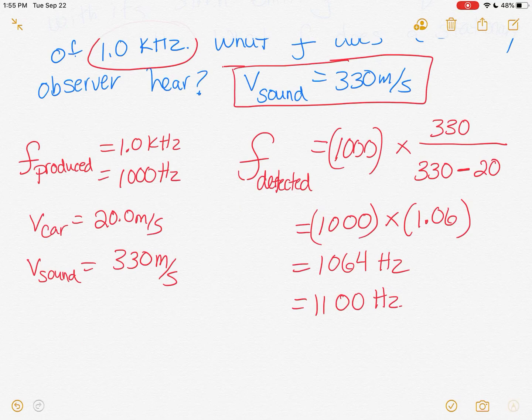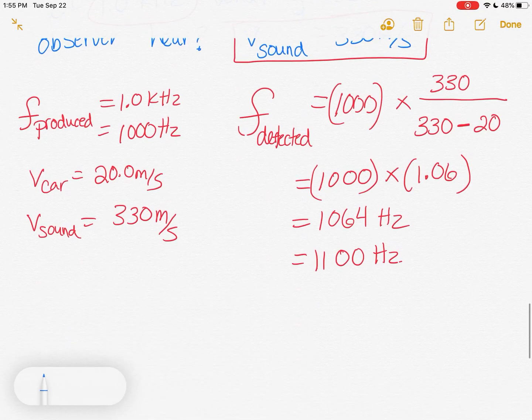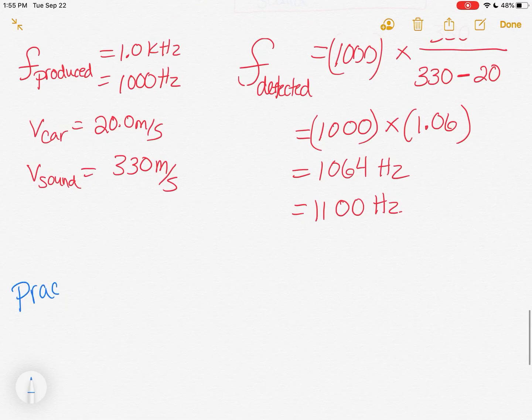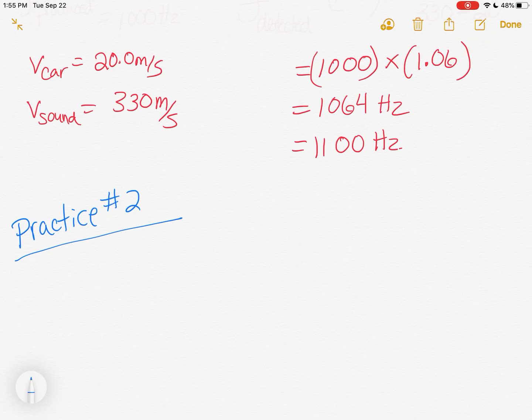All right, let's try another practice question. So let's try practice number 2. In this one, we're going to be looking at an ambulance, and the frequency that you detect from the ambulance is 900 hertz.